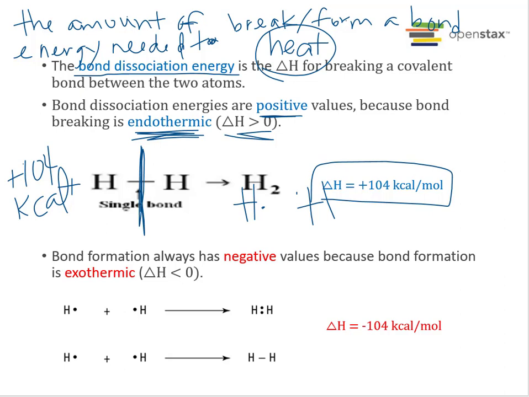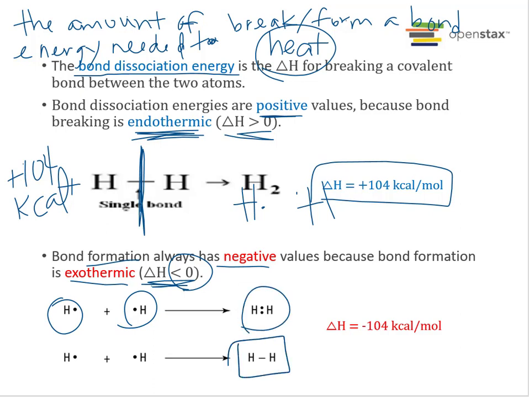Bond formation is always negative. Negative means exothermic, so that means that my delta H is less than 0, which is going to be a negative value. So to take my 2 atoms of hydrogen and have them form H2, which we represent as H-H, showing that those 2 electrons form a single bond, we see that it is a negative value of 104.